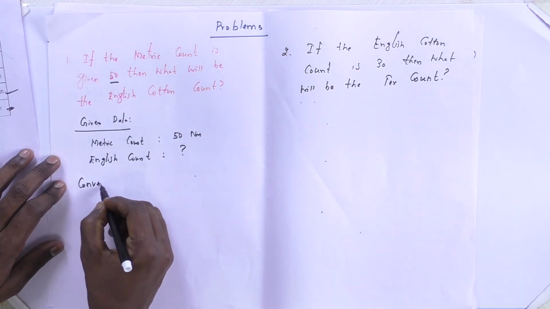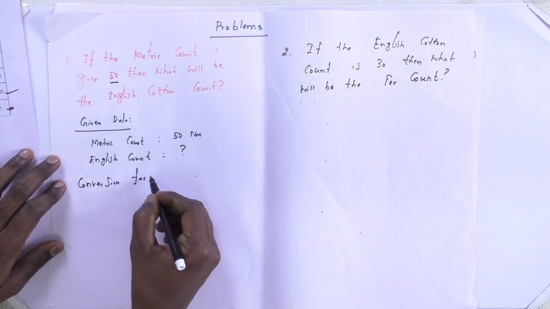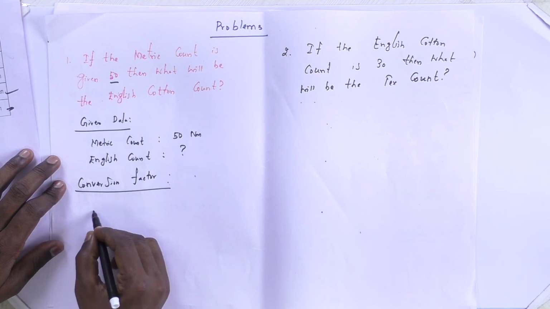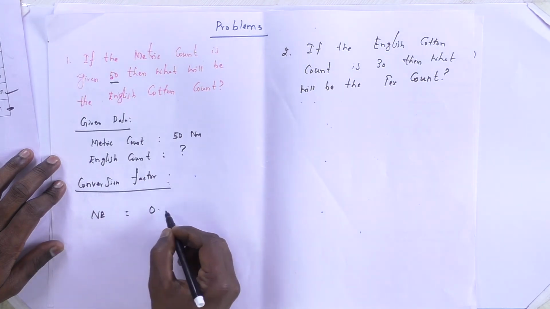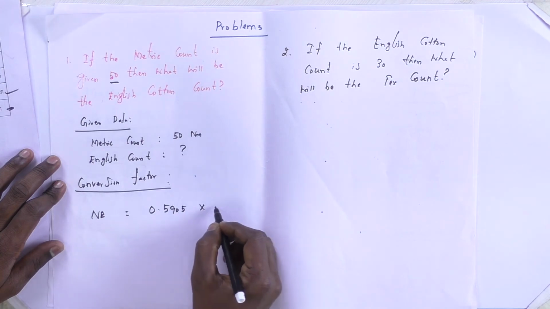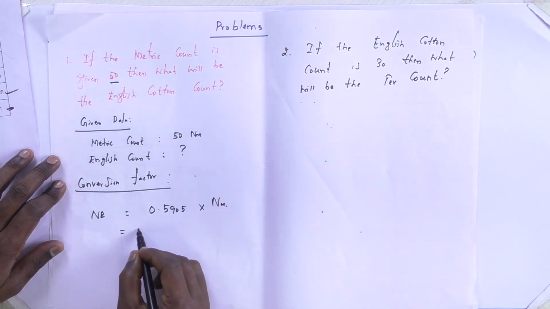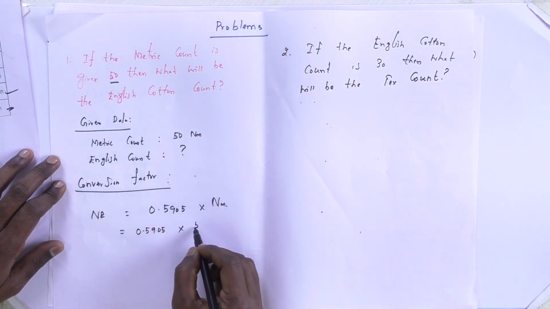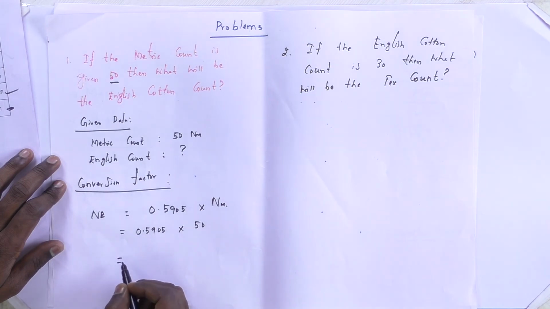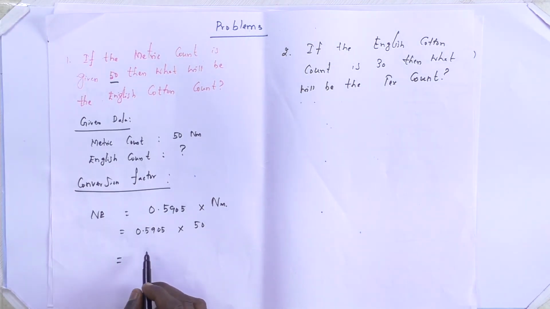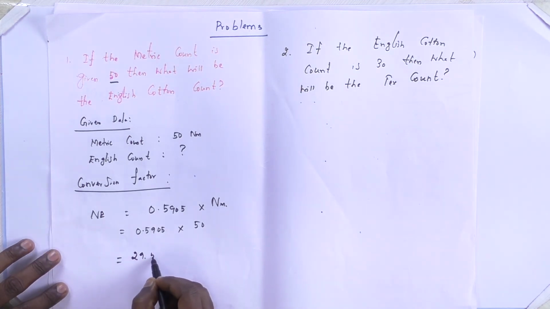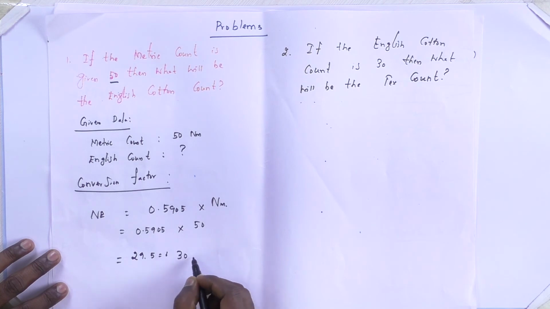So conversion factor, NE is 0.5905 into metric. Here 0.5905 is constant, the metric value is 50. So what will be the answer? 0.5905 into 50 is 29.5, or equal to 30 NE.